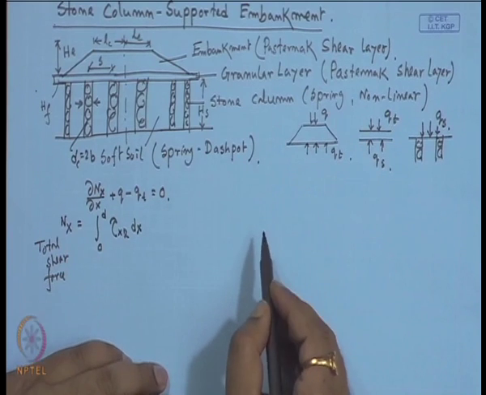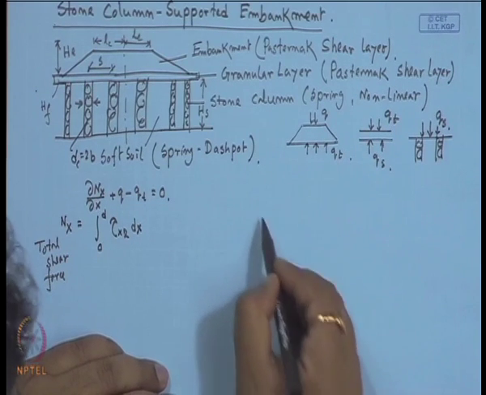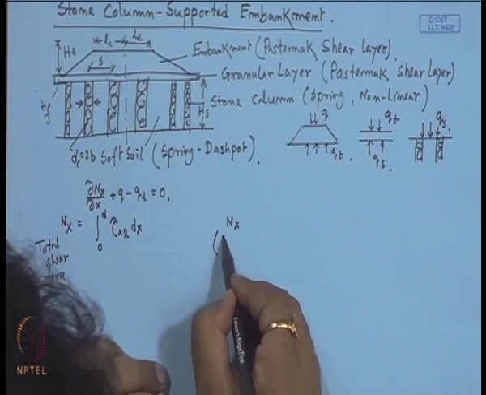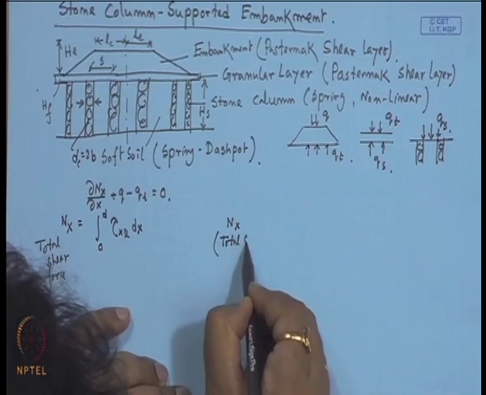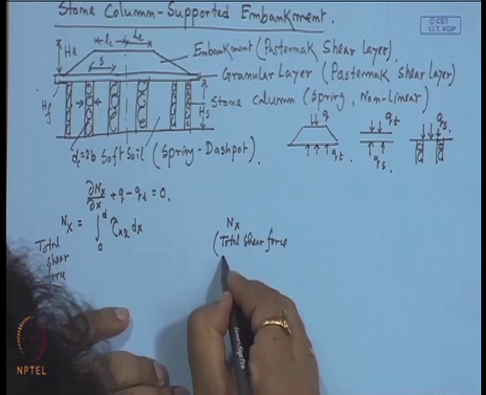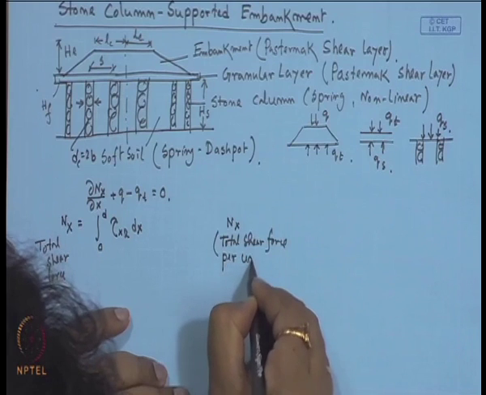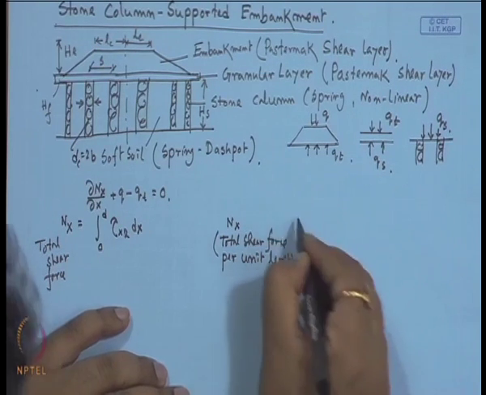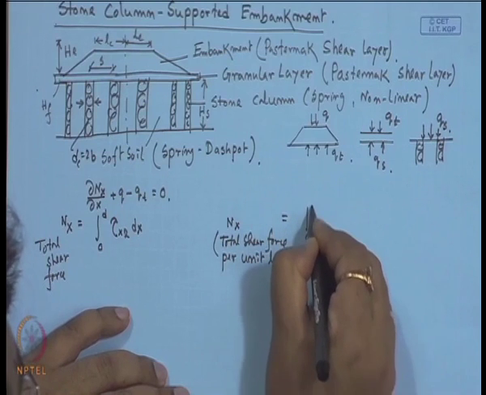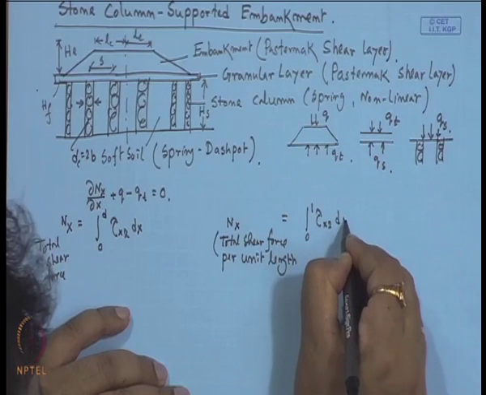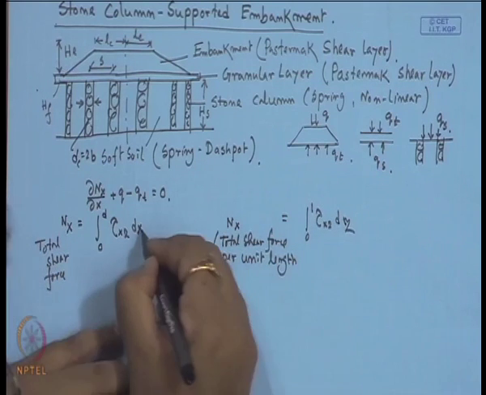Because last class it was derived that if N x is the total shear force per unit length, then N x will be the integral of tau x z d z.